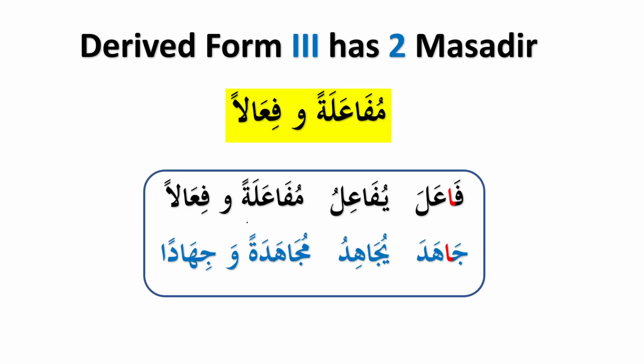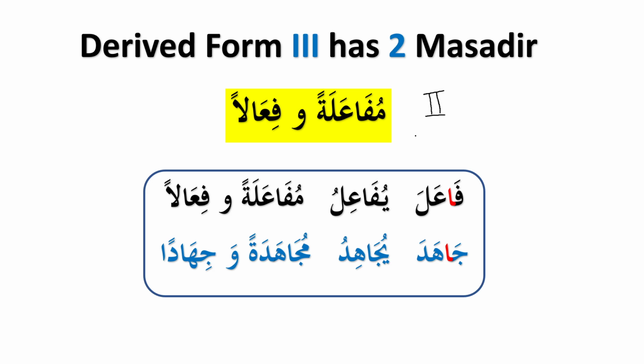Now, we need to know whether the derived form has one masdar or two. Do you remember which derived form has two masadir? Form number 2 has two masadir. Fa'ala yufa'ilu taf'ilan wa taf'ilatan.